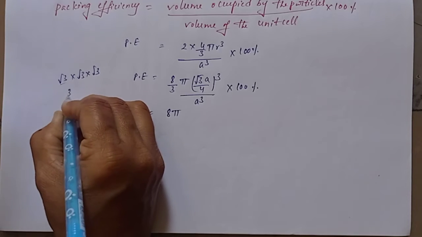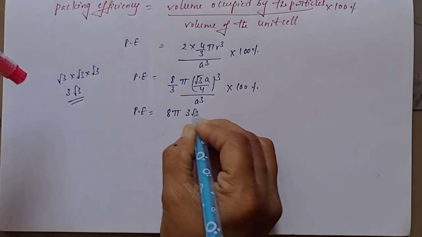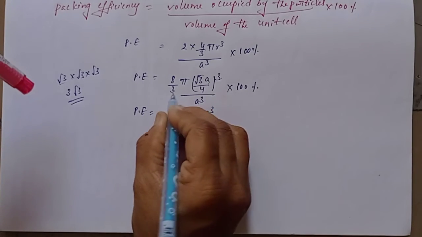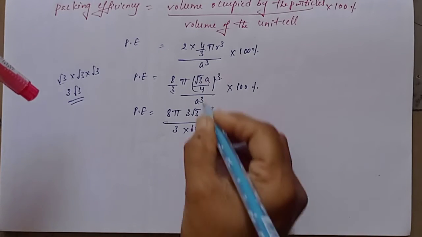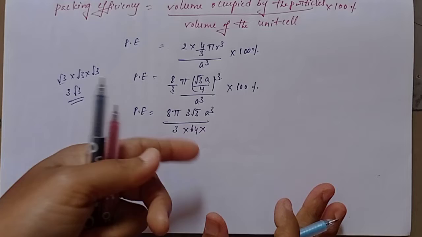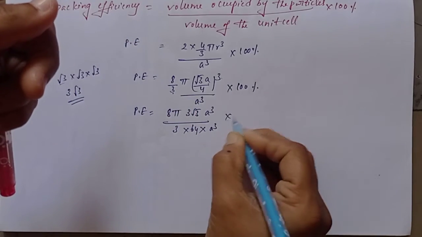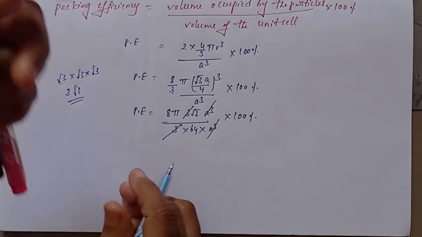Root 3 into root 3 is 3, 3 into root 3 is 3 root 3. So substitute 3 root 3, and a cube as it is, by 3 already there, and 4 cube means 64, 4 fours are 16, 16 fours are 64, into a cube in the denominator into 100%. Now this a cube will get cancelled, and the 3 will get cancelled.